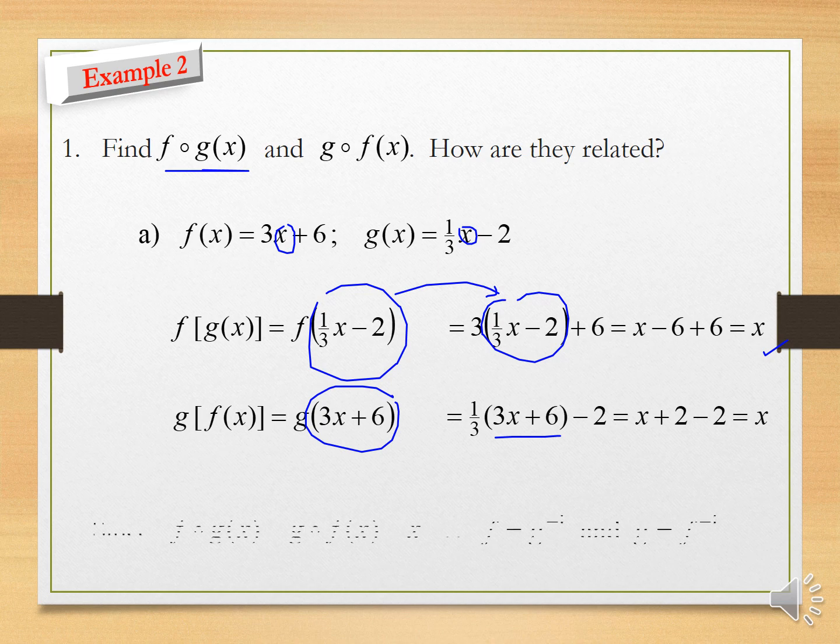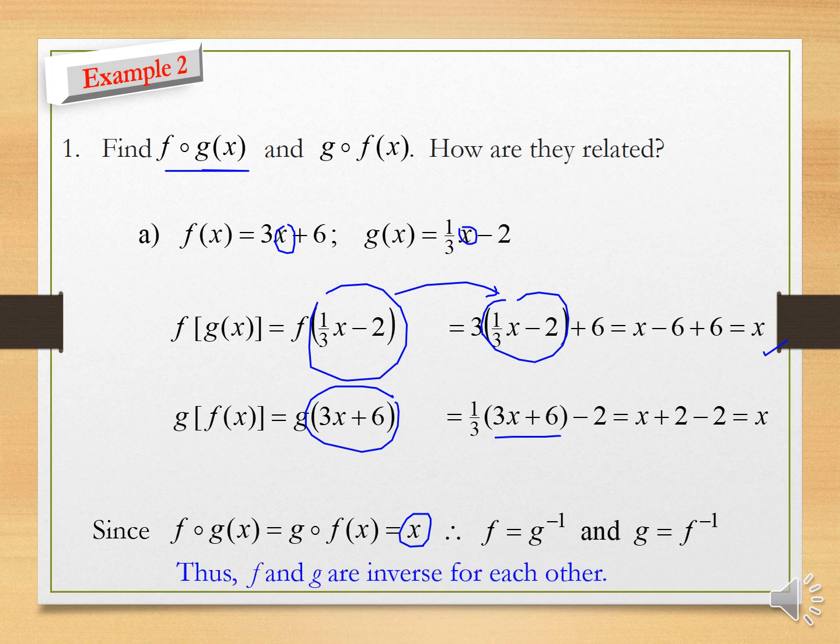When f composite g equals g composite f, and it equals x, we can conclude that f equals g inverse and g is also the inverse function of f. Thus, f and g are inverses of each other.